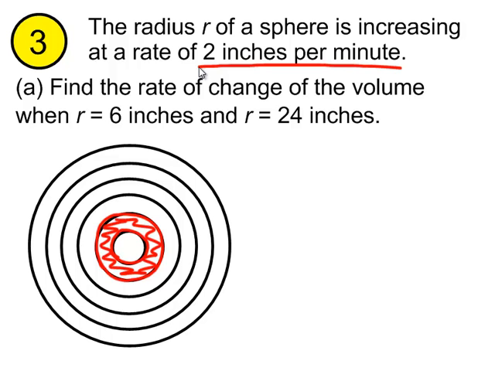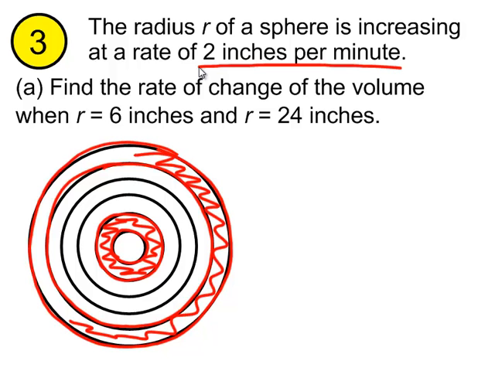Well, let's take a look a little bit later in time when the circle is this big. And then it grows over the course of a minute 2 inches in radius to this size. And we see there that the area has increased now by this much.